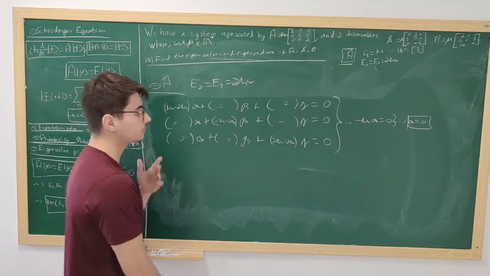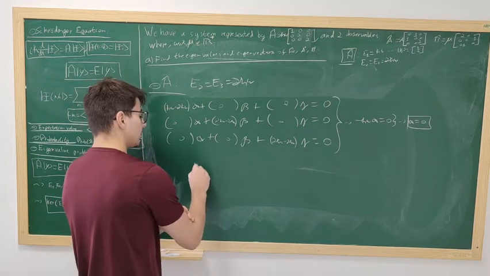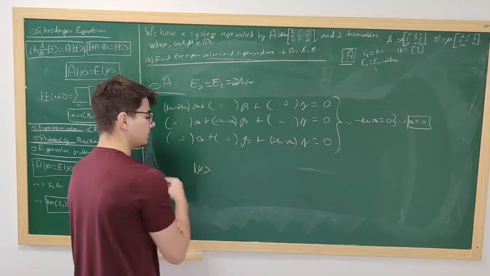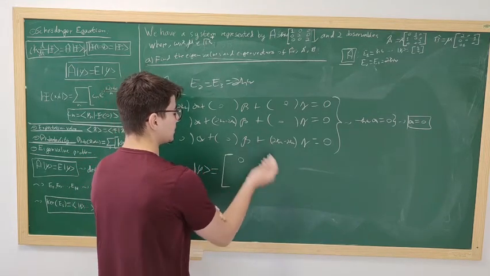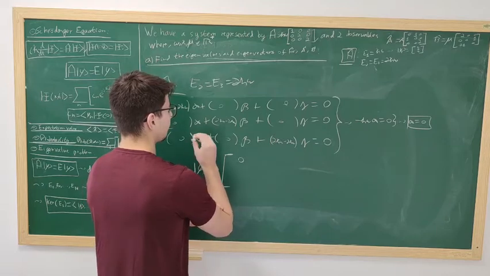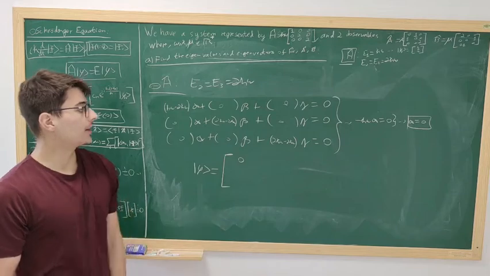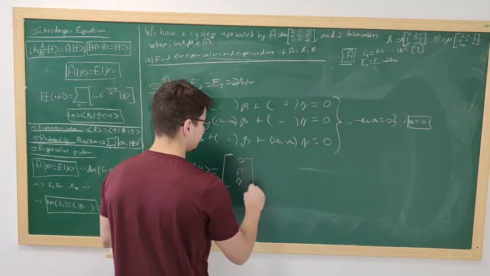So in general our eigenvector in this case, let me call it phi, is: alpha is 0, beta can be any value that we want, and gamma can be any value that we want, so we just write 0, beta, and gamma.